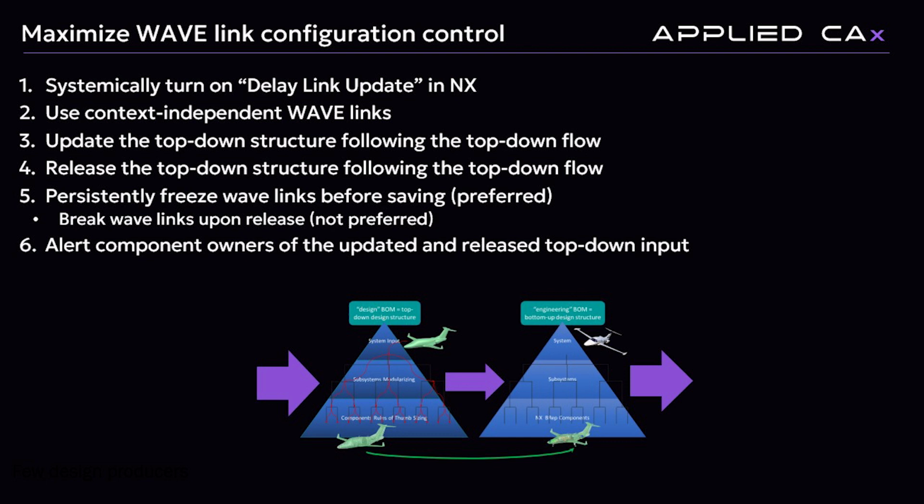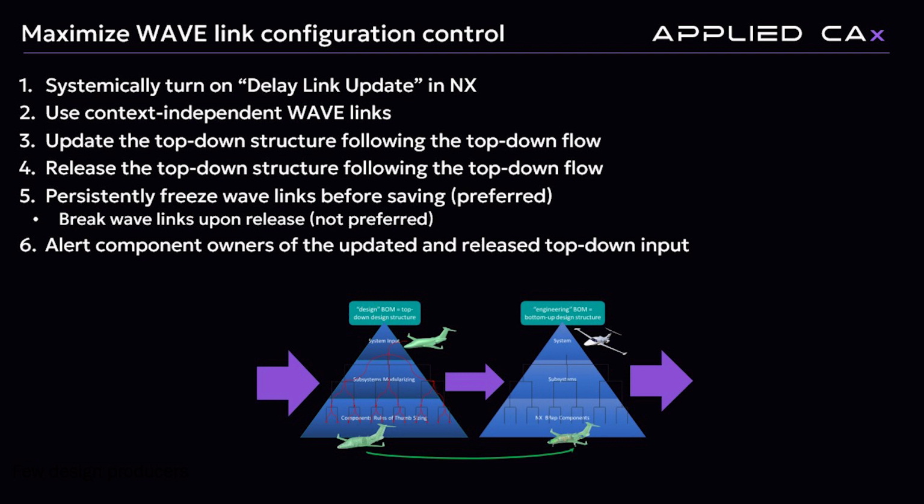Persistently freezing wavelinks. According to some contacts I have at Siemens, this is even lighter than breaking, and you don't have to go back and fix it. Breaking is when you click the associativity off.